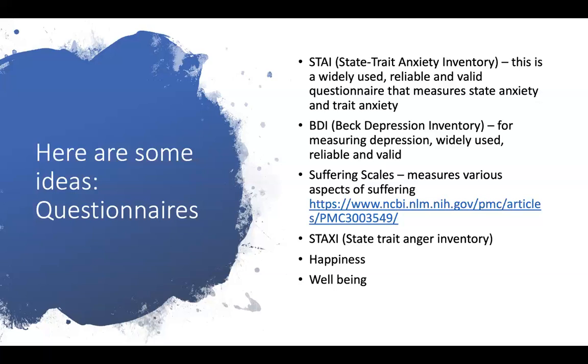The suffering scales. Well, this is a lot less well known. These are scales that look at measuring suffering, just like they say. They're not as widely used as the Beck or as the STAI, but they're definitely reliable and valid. This article leads you to a whole study where they examine the validity and reliability of the suffering scales.